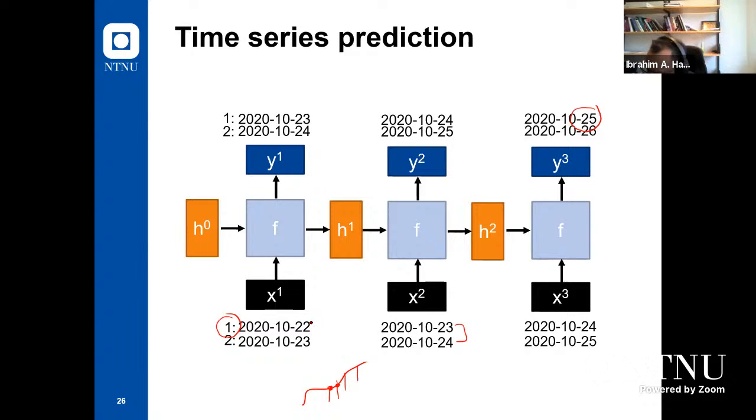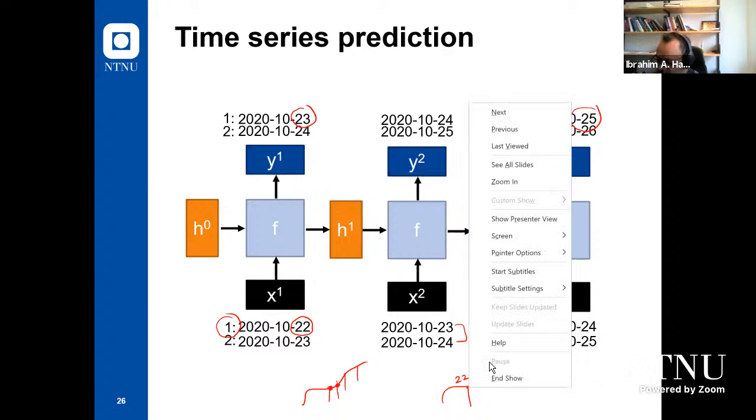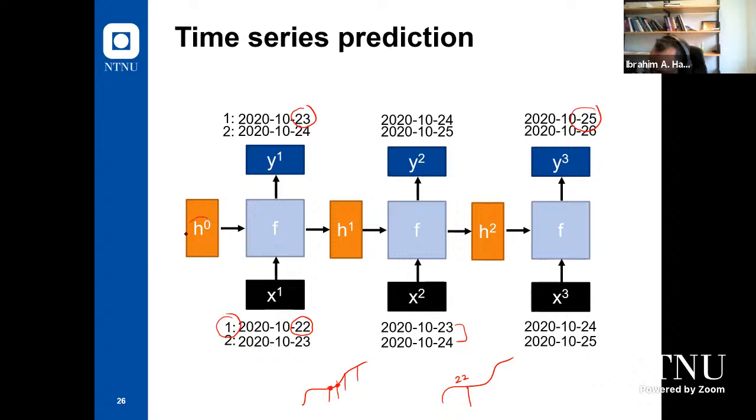In fact, here we use the information at 22nd and H0 for predicting the output at 23rd. If you have a time series like this one, in the first update I use the 22nd. Of course, I just started here, so this is the first data point and I don't have any information from before. So I initialize the state with 0, for example, or a random value.